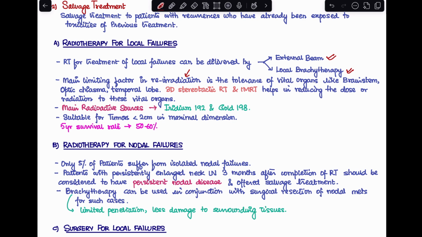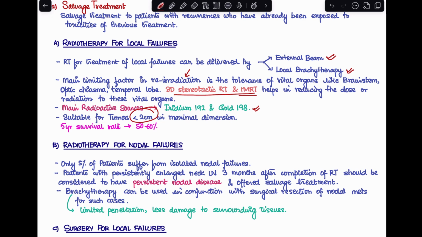Because of this, we use 3D stereotactic radiotherapy and intensity modulated radiotherapy so as to reduce the dose and protect the vital organs as much as possible. The main radioactive sources used over here are iridium 192 and gold 198. This is suitable for tumors which are less than 2 centimeter in maximum dimension. The 5-year survival rate in this case is 50 to 60%.